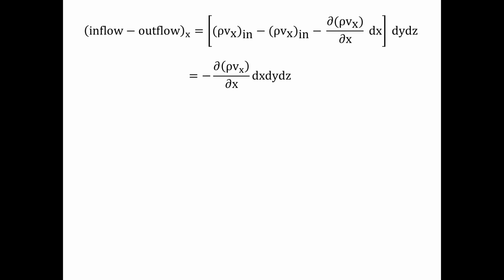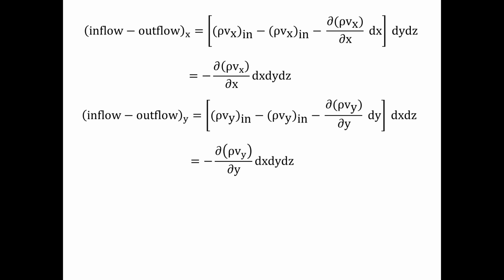And so we're just left with this derivative, the derivative of the mass flux in the x direction, times dx times dy times dz. And if we repeat this in the y direction, we get something very similar.